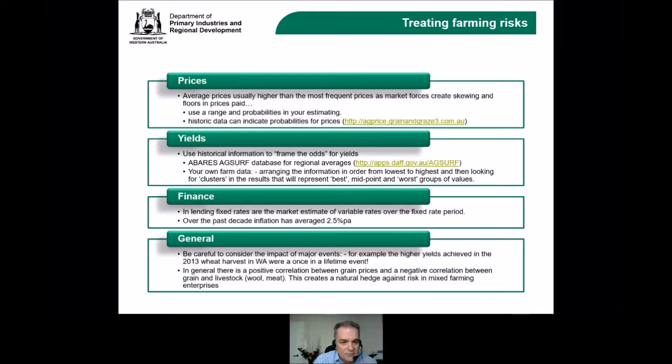And the last one I think is a very important one in terms of some research around a positive correlation between grain prices. So if oats, barley, canola, wheat generally move up and down together. It's not always, but historically there is a positive correlation happening there.